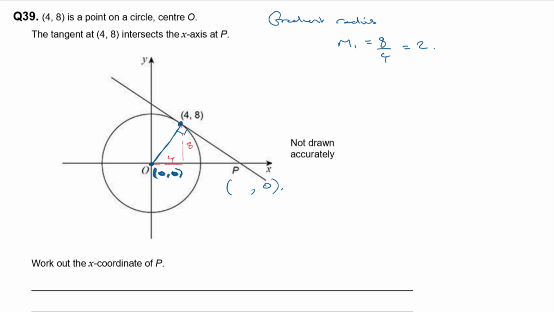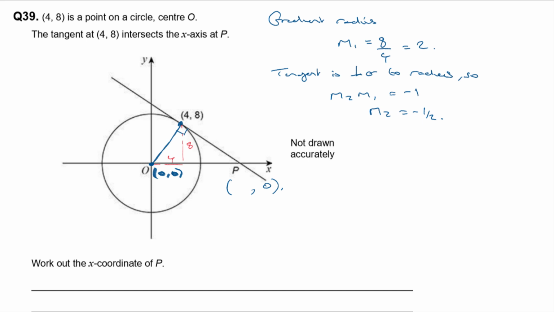Okay, so tangent is perpendicular to radius, so m2 times m1 is equal to minus 1, so m2 is going to be the negative reciprocal of 2, which is minus 1/2.